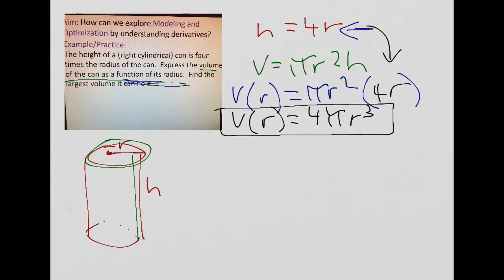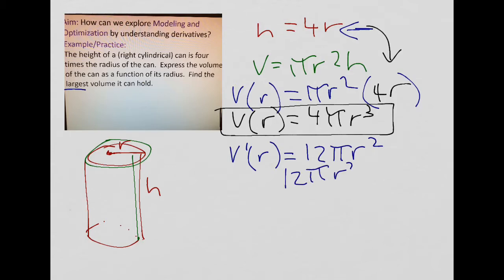If we take our first derivative to find the largest or maximum volume it can hold, we end up getting 12 pi r squared. This problem is different than the other ones. We set that equal to 0 and go to solve. R would be 0, but r can't be 0.